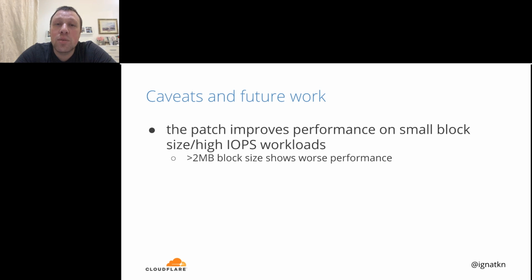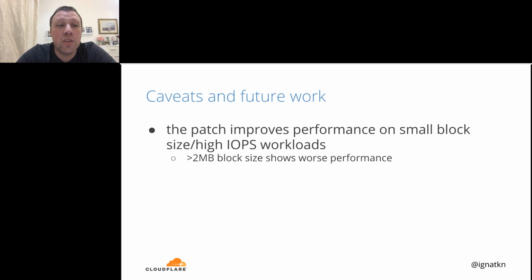These patches were not submitted to upstream Linux yet because they require a little bit more work. From our studies so far, the patch improves performance on small block size, high IOPS workloads, which is what our CDN cache workload looks like.